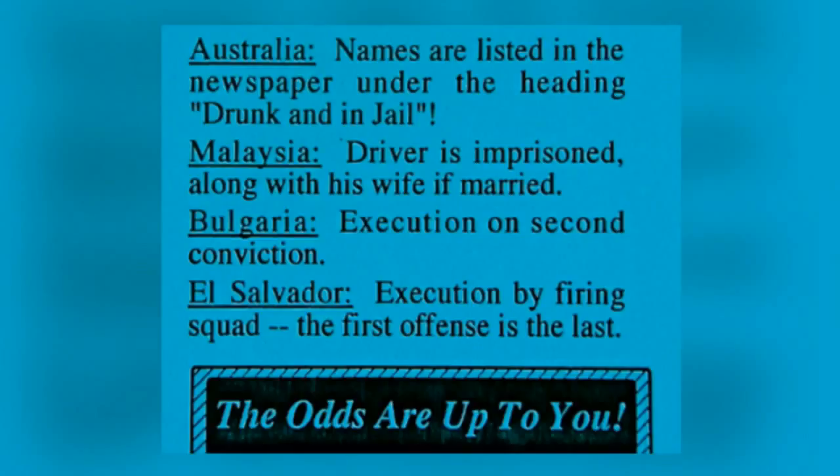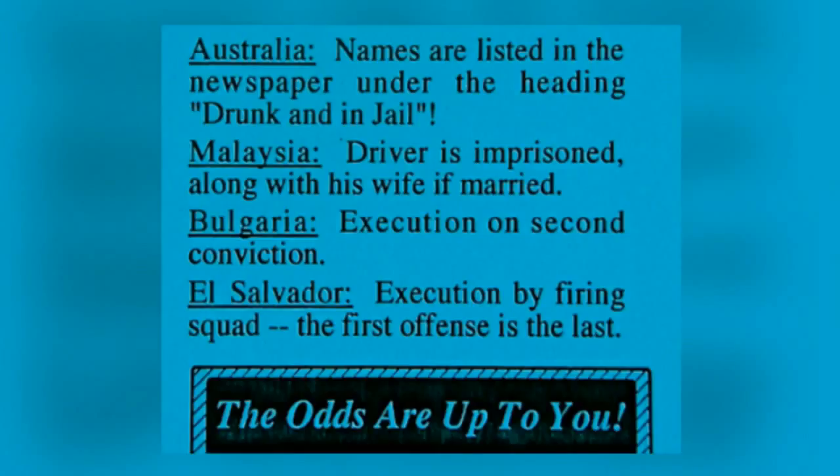Names are listed in the newspaper under the heading Drunk and in Jail. Malaysia. Driver is imprisoned, along with his wife if married. Bulgaria. Execution on second conviction. El Salvador. Execution by firing squad. The first offense is the last.